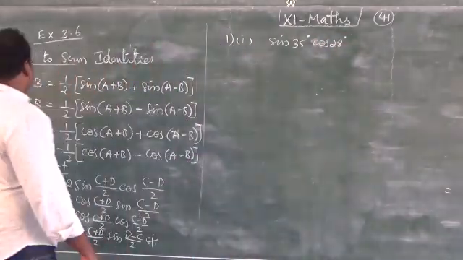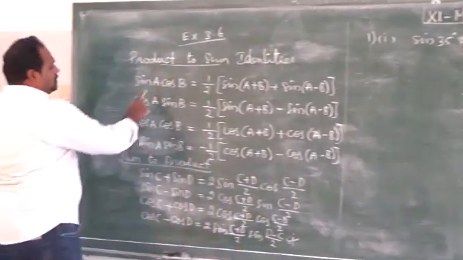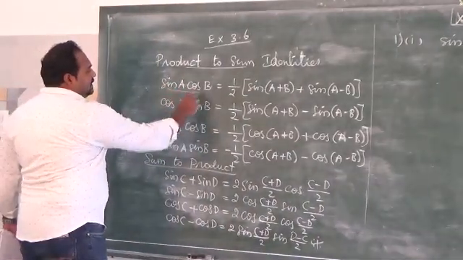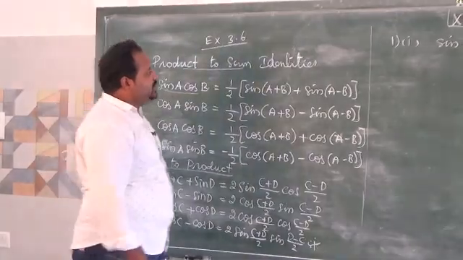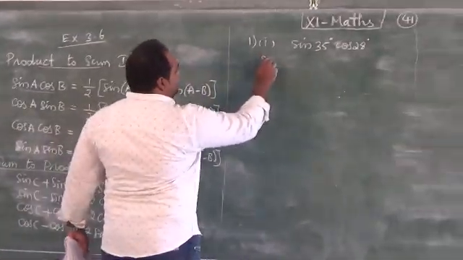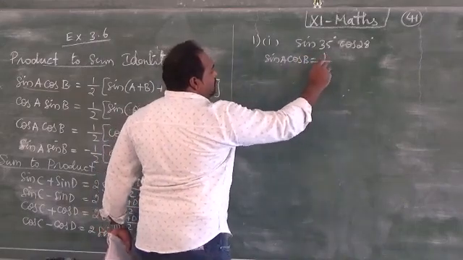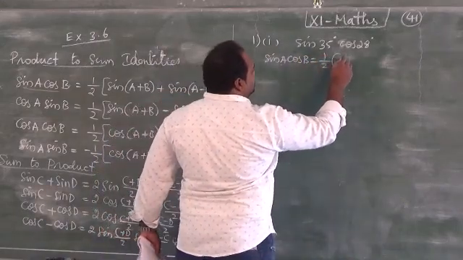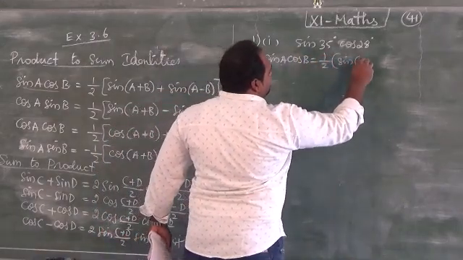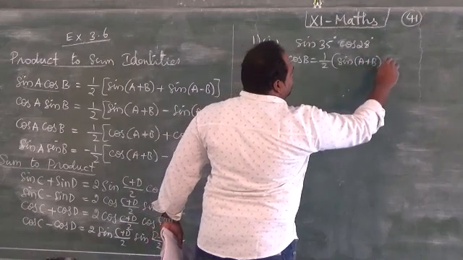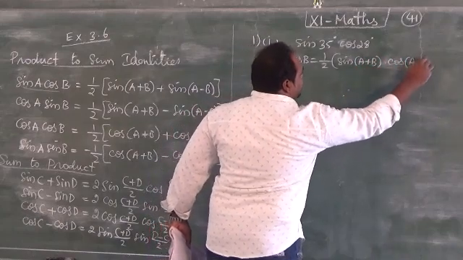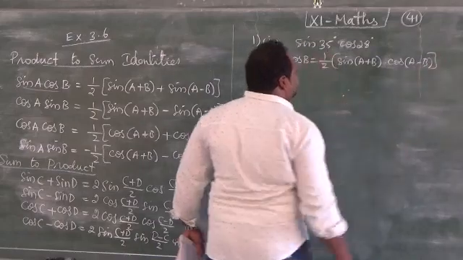This is product to sum. It looks like the sin A cos B formula. The sin A cos B formula says 1 by 2 [sin(A plus B) plus sin(A minus B)]. So I am going to use this formula.